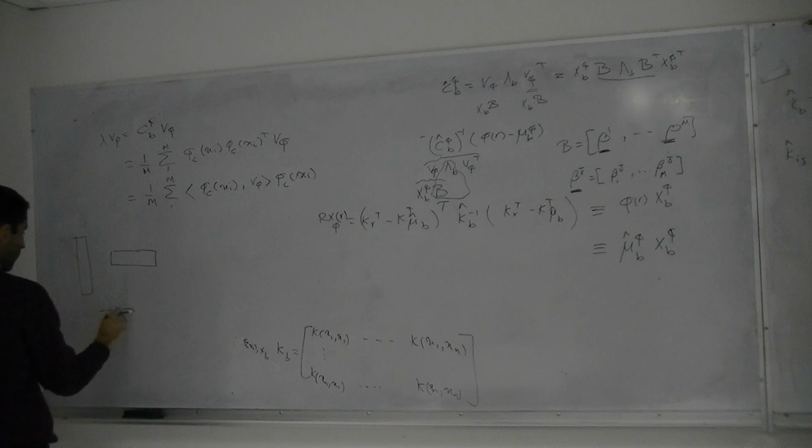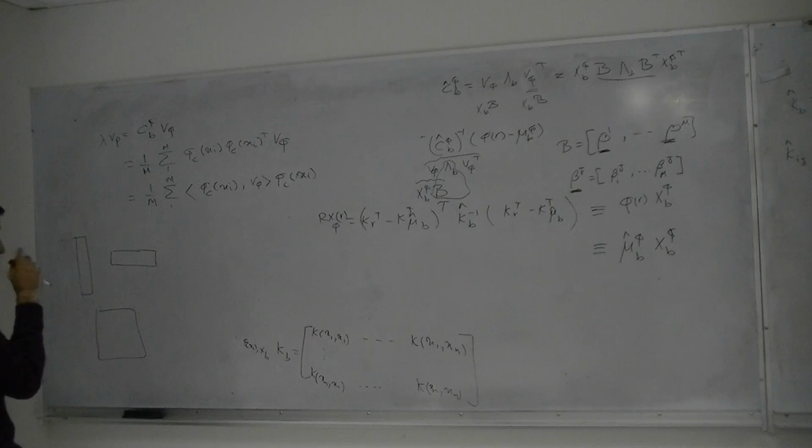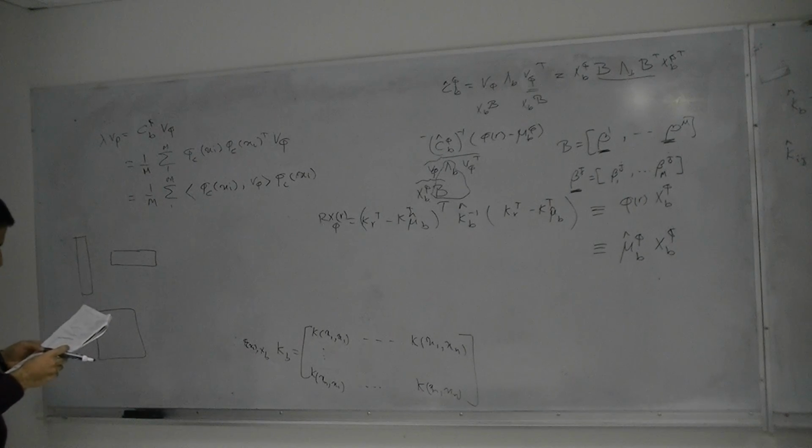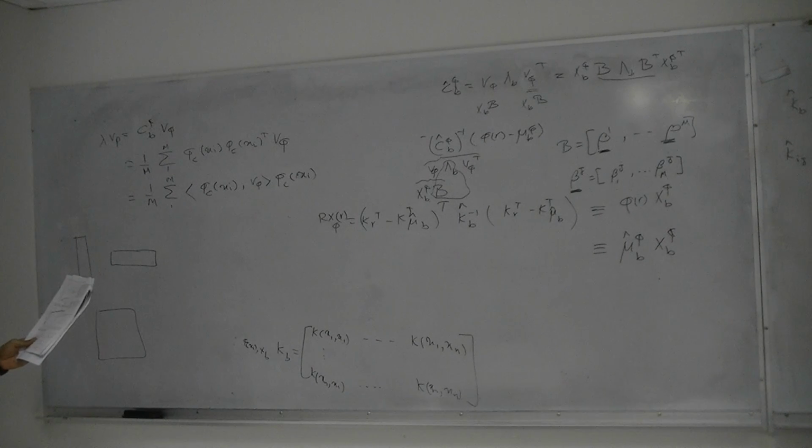Okay, the result is this matrix. Because phi center transpose v is a scalar, you can move the scalar in front of the phi center x_i. So you get the same thing. That's true.